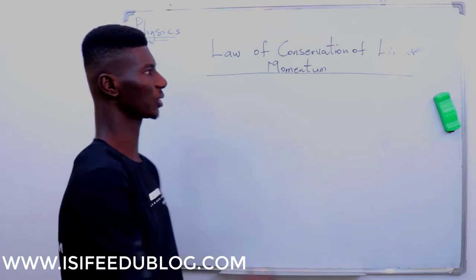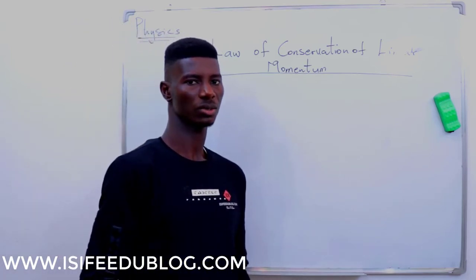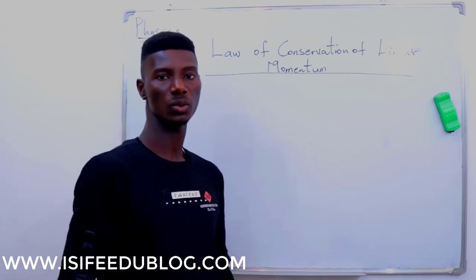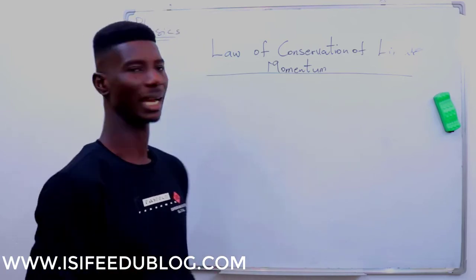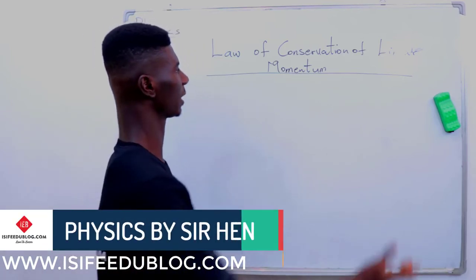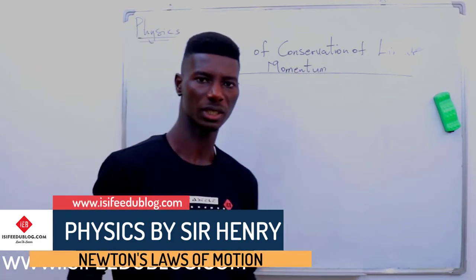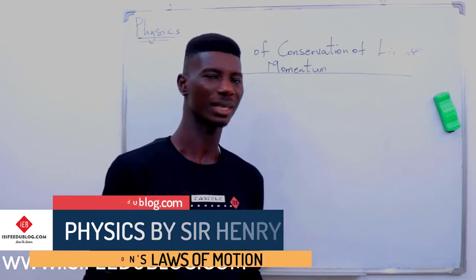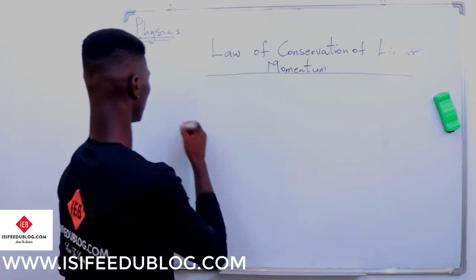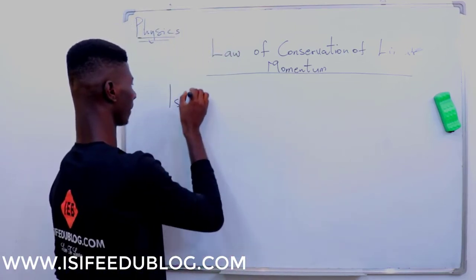Now, before we venture into this, I would like us to talk about isolated systems, because you can't talk about linear momentum without talking about an isolated system. Everything happening with the law of conservation of linear momentum deals with an isolated system. Now, what is an isolated system?